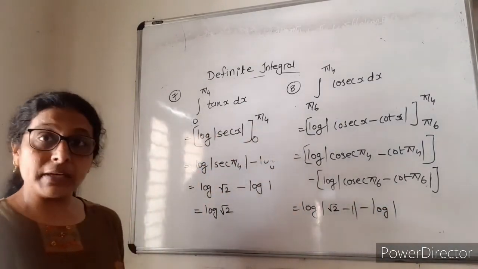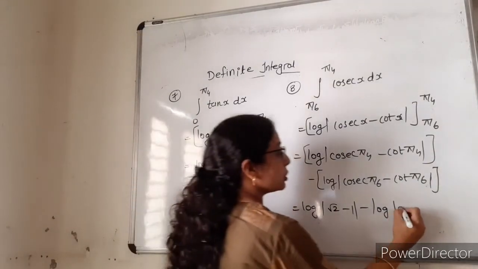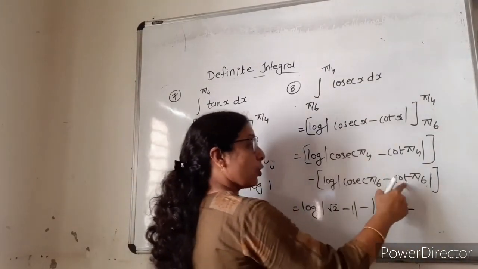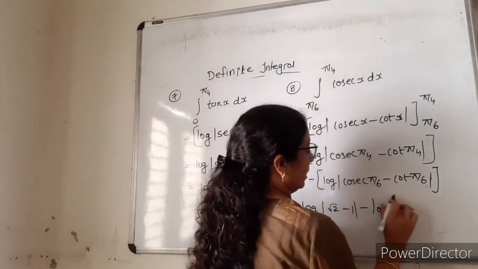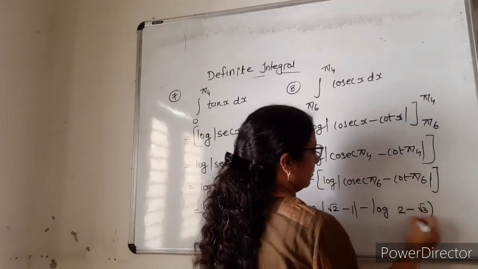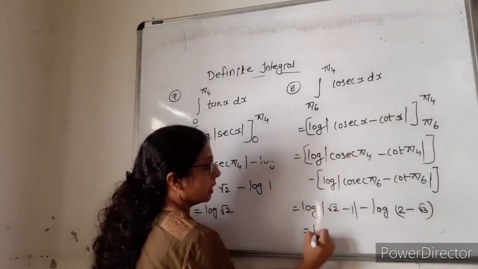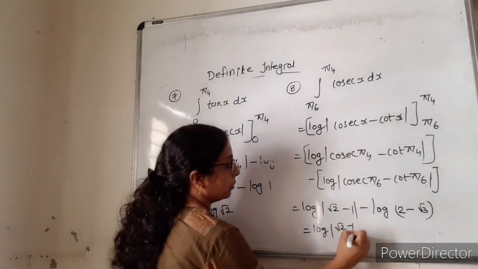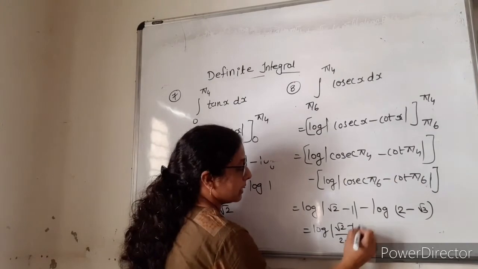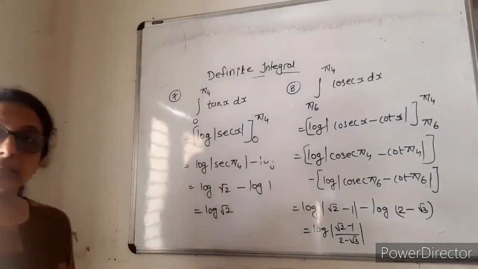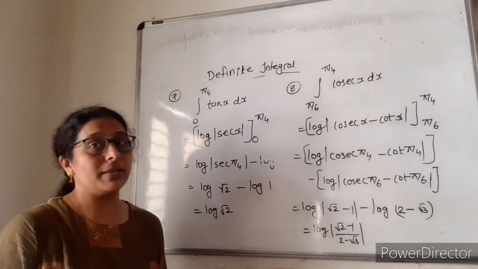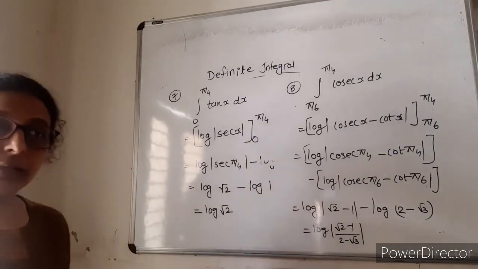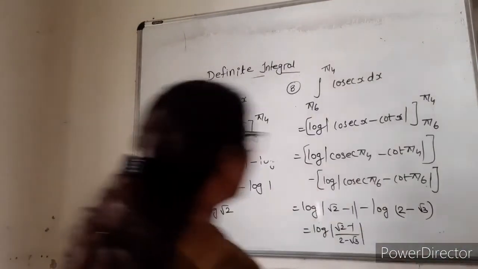Sin pi by 6 is 1 by 2, so cosec pi by 6 is 2, and cot pi by 6 is root 3. So here log of root 2 minus 1 over 2 minus root 3 is the answer. You can rationalize the denominator also, but there is no need to do anything. That is our question number 8.